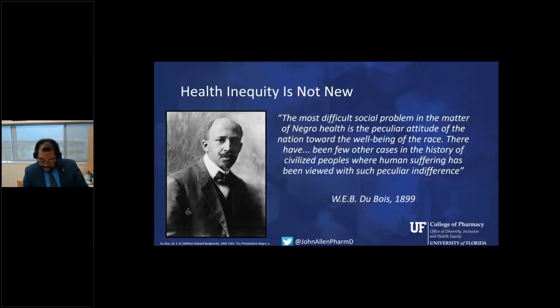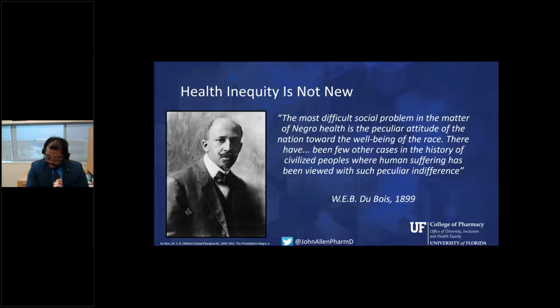He indicated that the vastly different conditions under which Blacks and whites lived contributed to the observed health outcomes. And he argued that racial differences with respect to health were multifactorial. And when we consider that, despite them being multifactorial, he considered that social factors were the most prominent. He was truly a scholar ahead of his time.